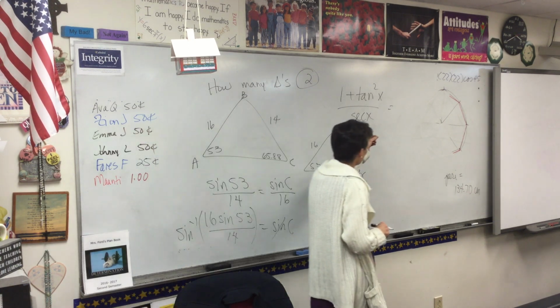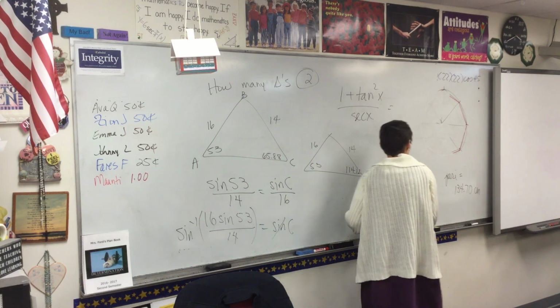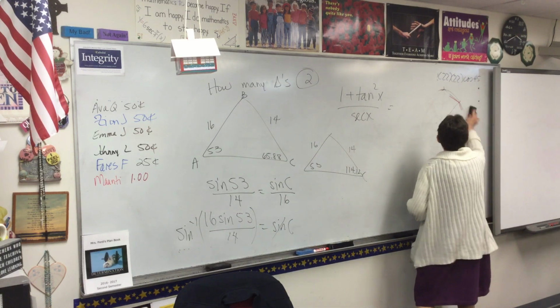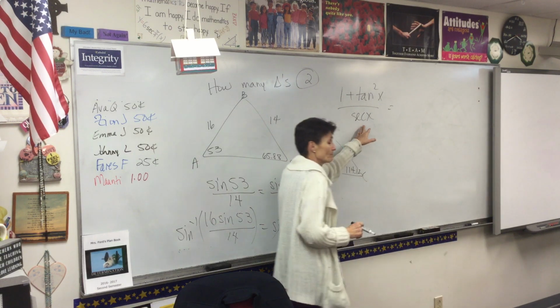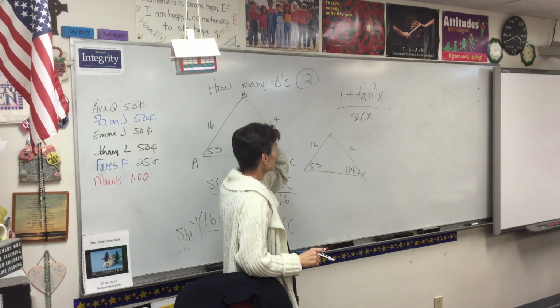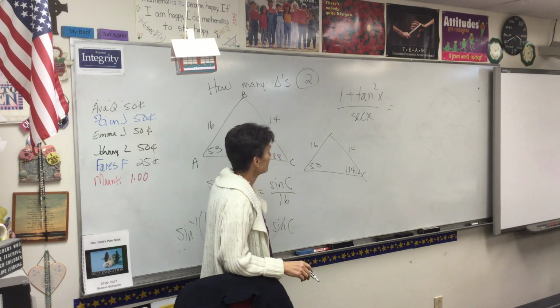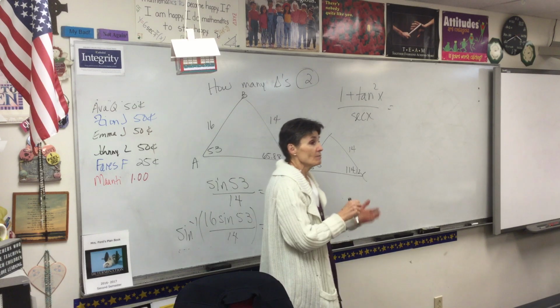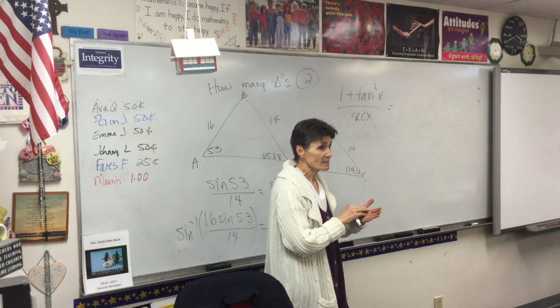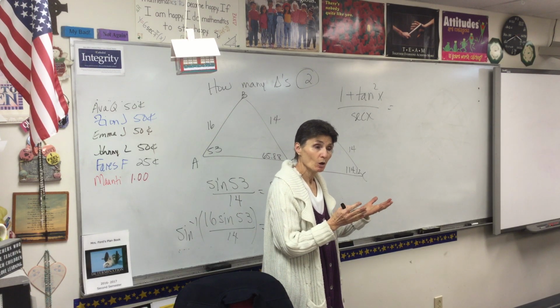Now, the second kind that somebody said they thought they might miss was one of these simplify ones. And there are all different kinds of those, but here's one of them. The top equals secant squared. There is a certain amount of memorization that you have to know.